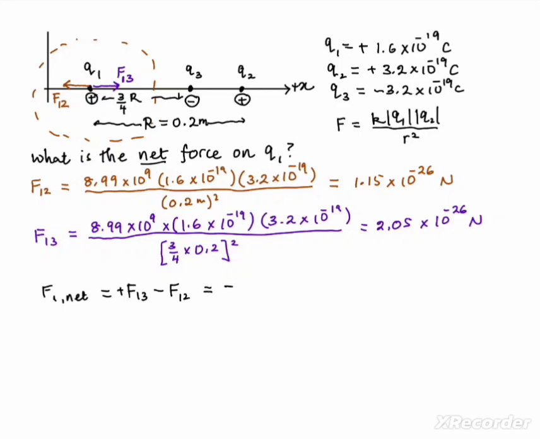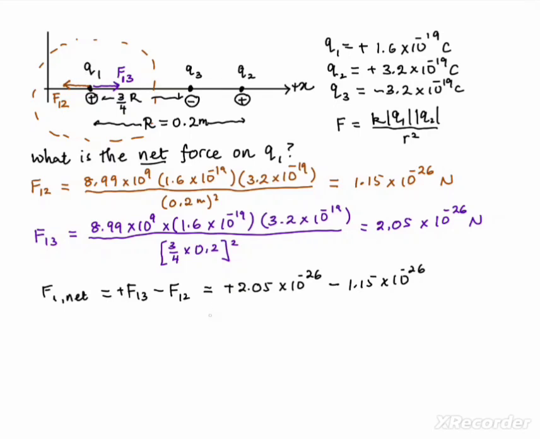So we have positive 2.05 times 10 to the negative 26 newtons minus F12, which is 1.15 times 10 to the negative 26. The reason I'm having F13 as positive is because it is pointed towards the positive x-axis, and F12 is pointed in the negative x direction in our diagram, so I put it as negative.